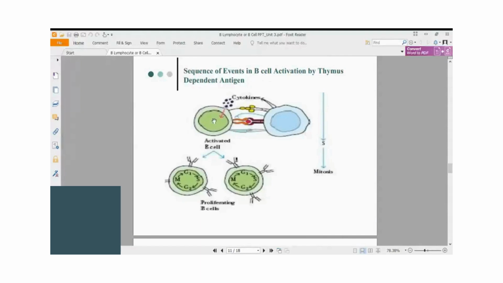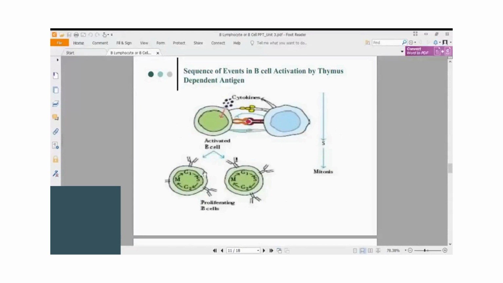But each time the cell is dividing, undergoing proliferation, it will now recombine one particular variable region gene among the 300 variable region genes with one constant region gene. The constant region gene belongs to 5 different classes: IgM, IgD, IgA, IgE, okay, and IgG.